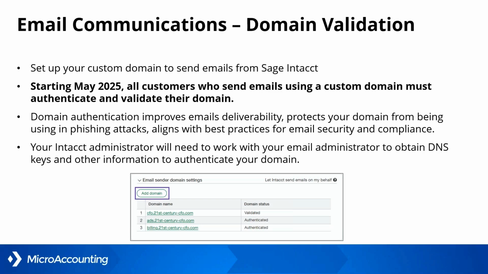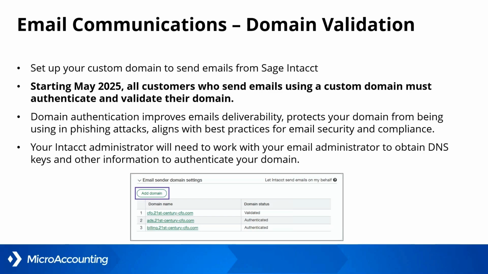But we do recommend that clients set this up, particularly if you're having issues with emails getting caught in spam or customers saying they're not getting emails from you, if you're sending out invoices, or your internal team isn't getting emails, if you are doing payment notification emails, or whatever the case is.